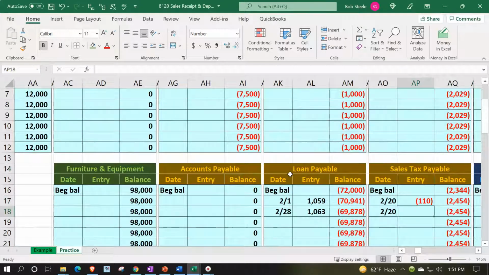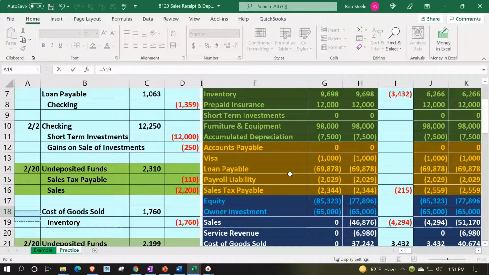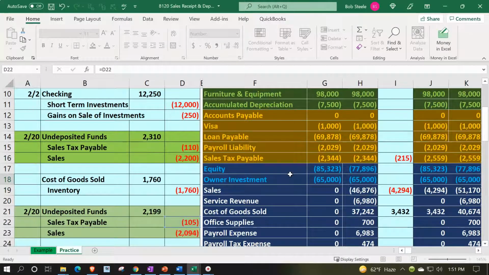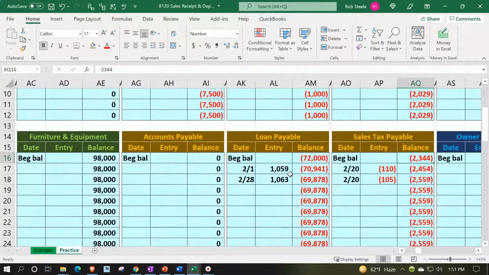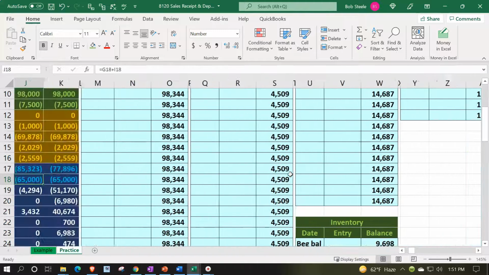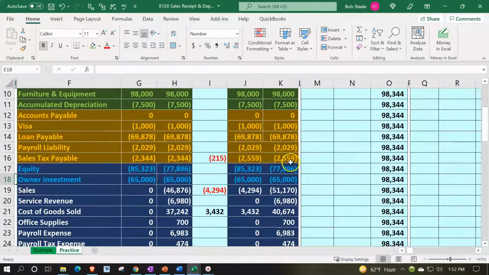We're going to do it again: equals AP 18 left to the wall. This time we want the 105, bringing the amount from 2344 up to 2559. That 2559 is also on the trial balance right there.